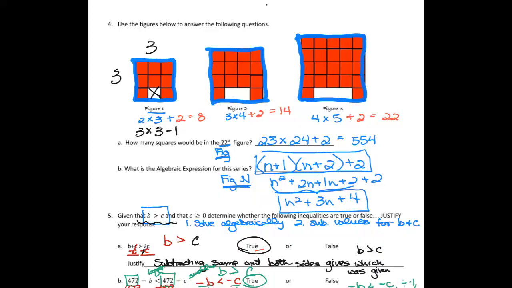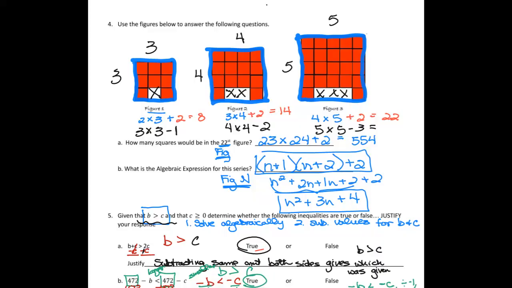For figure 2, that square is a 4 by 4 minus 2. And this would be a 5 by 5 minus 3.